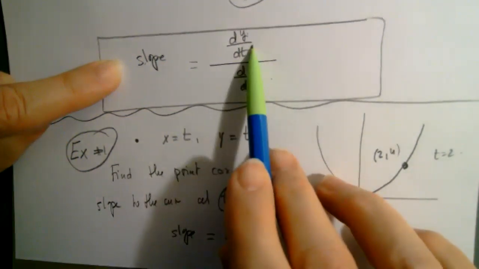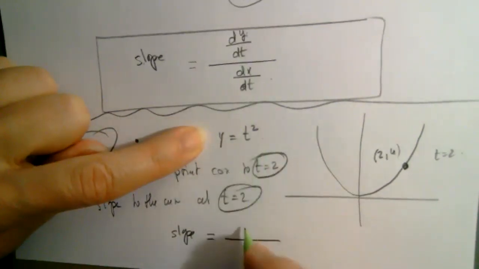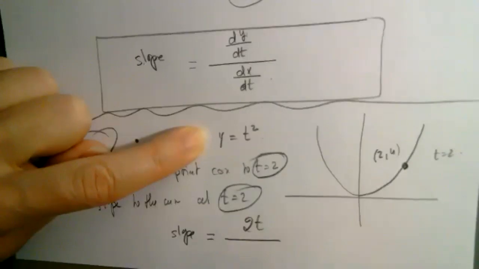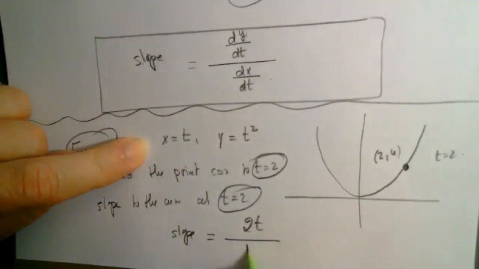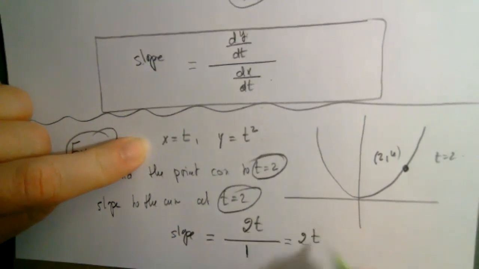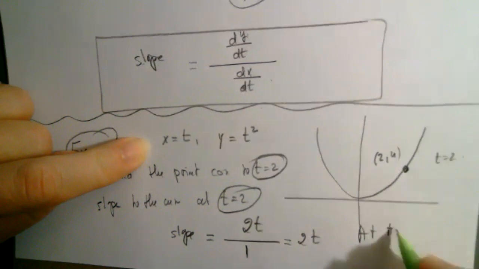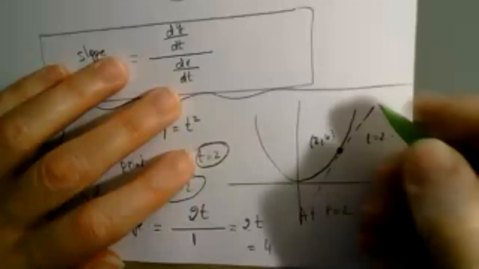So the derivative of y with respect to t is 2t, divided by the derivative of x with respect to t, which is 1. So the slope at any point for any value of t is 2 times t. So at t equal to 2, the slope will be 4. So the slope is 4.